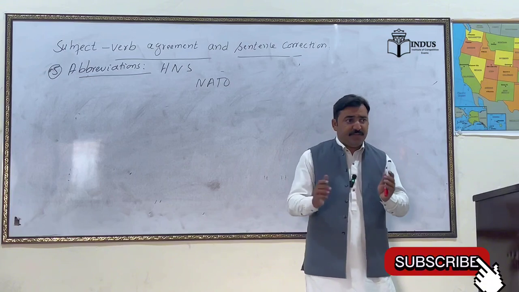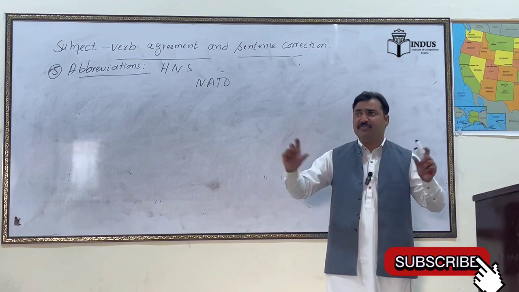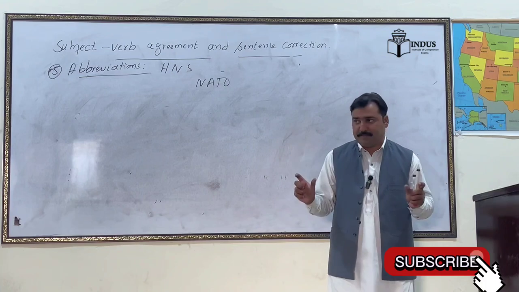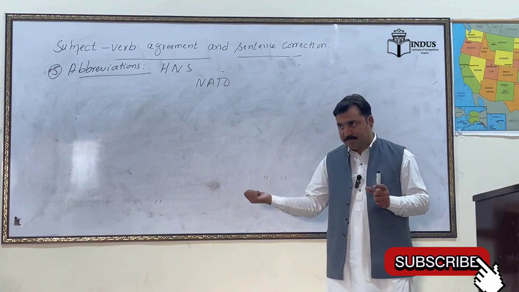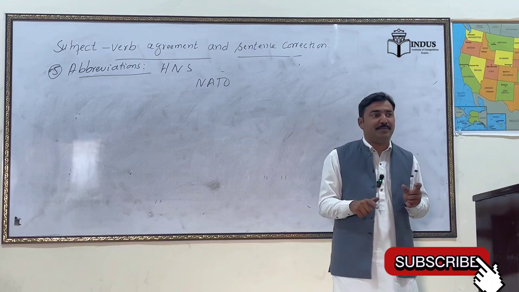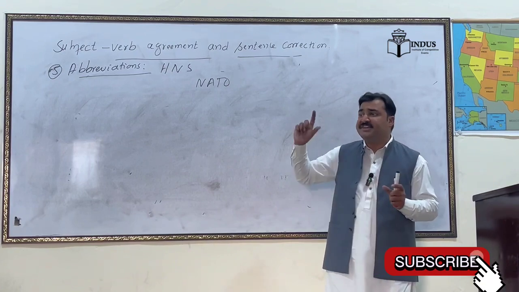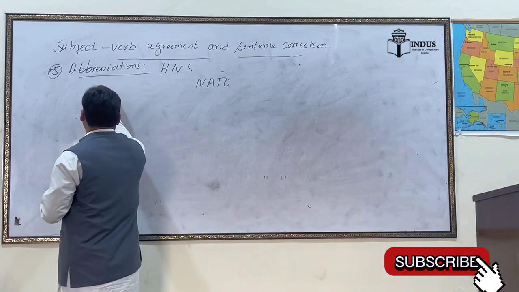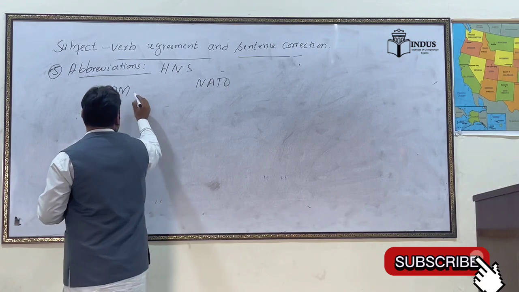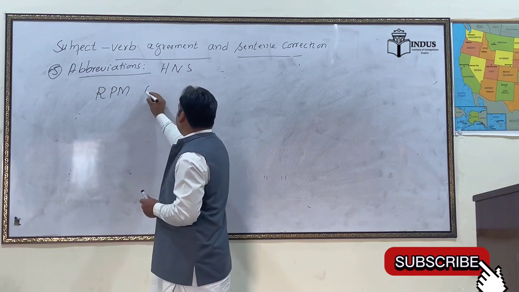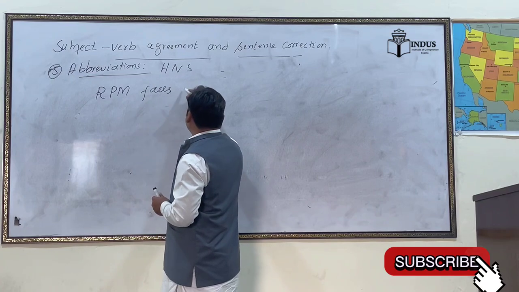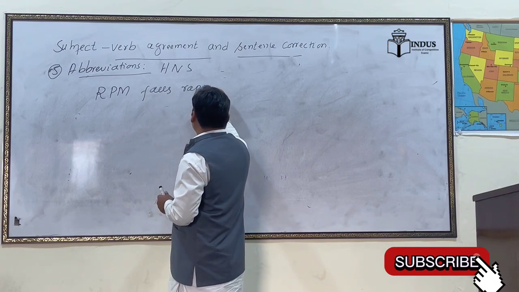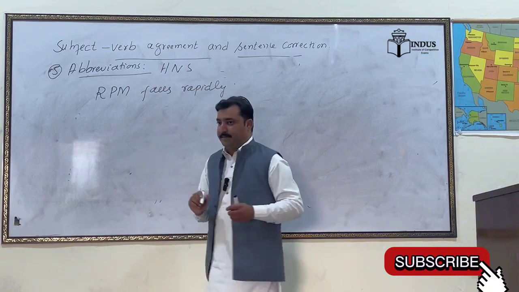Okay, so generally we treat abbreviations as singular subjects, but there are certain cases where we make abbreviations plural. How? If the full form of the abbreviation is singular, treat it as singular. If the full form of the abbreviation is plural, treat it as plural. For example, I say that RPM falls rapidly.